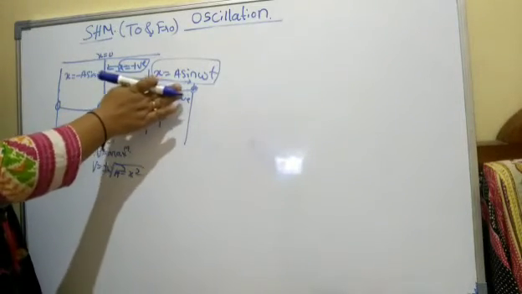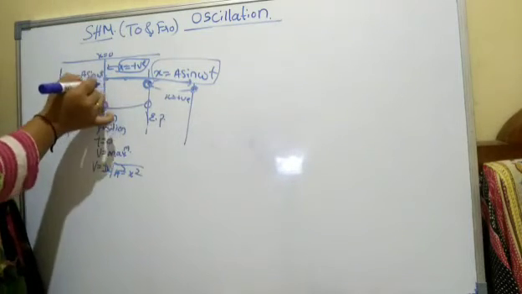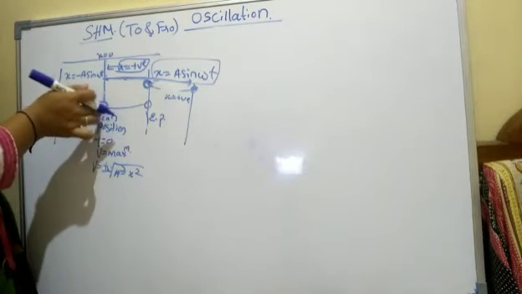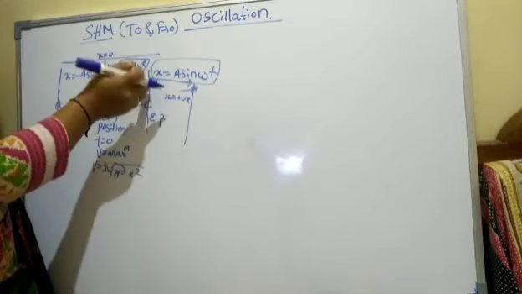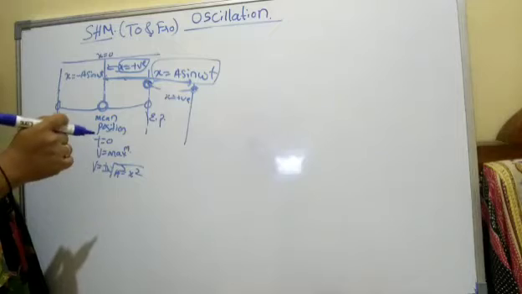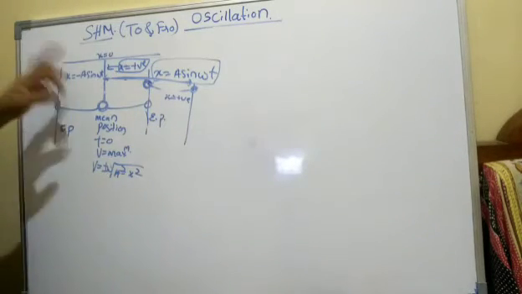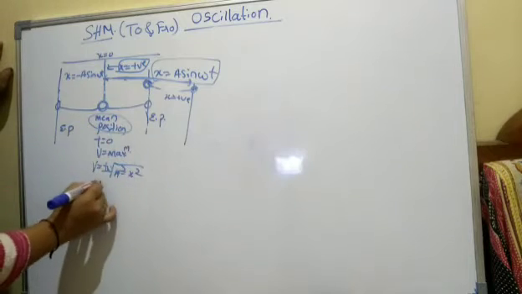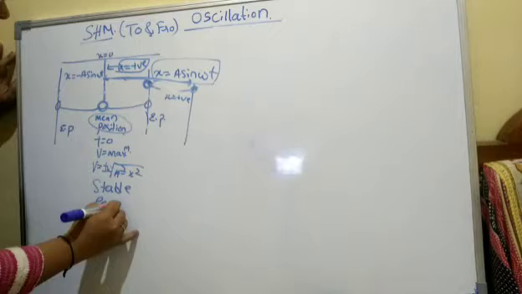This is the complete journey, because the particle first should stay here stable, then it will move to this position. Again from this point it will show the to and fro motion. That's why x is always measured from the mean position, or else we can also call this position a stable equilibrium position.